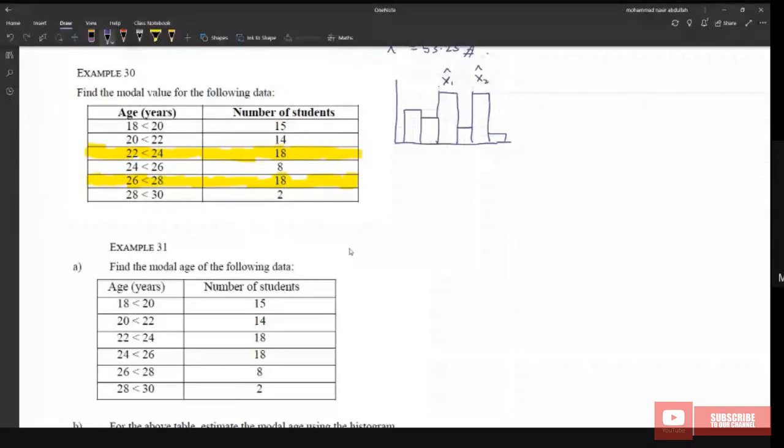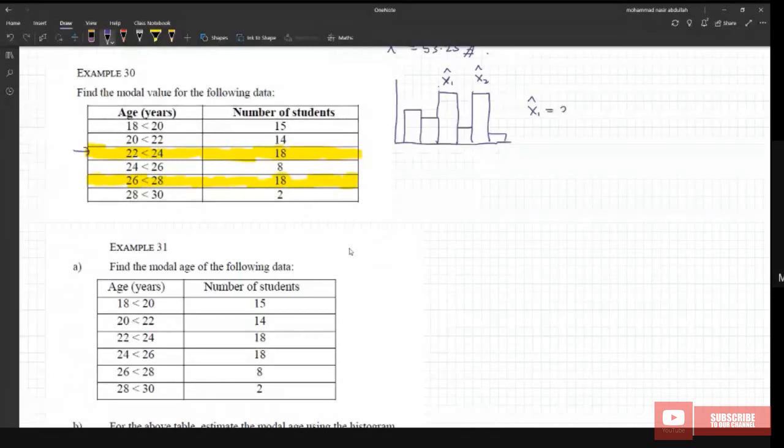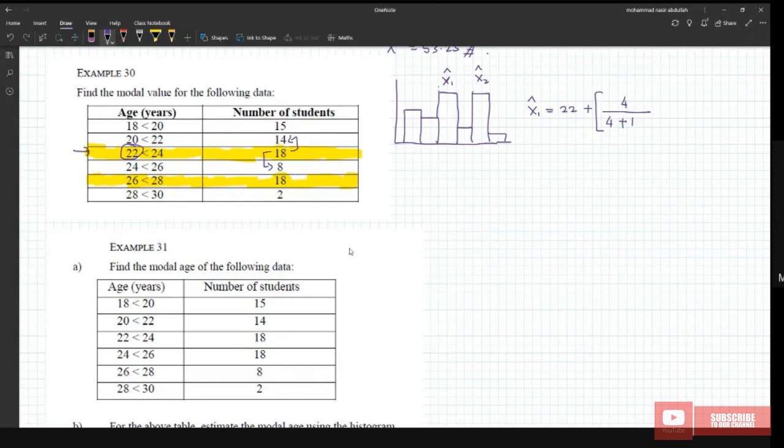So mode number 1, for this one, 22 until 24, the lower class boundary is 22, plus the difference between the frequency of the modal class and before the modal class, which is 18 minus 14, equal to 4, and 4 plus 18 minus 8, which is equal to 10, multiplied by the class size, 24 minus 22, which should be equal to 2, right?